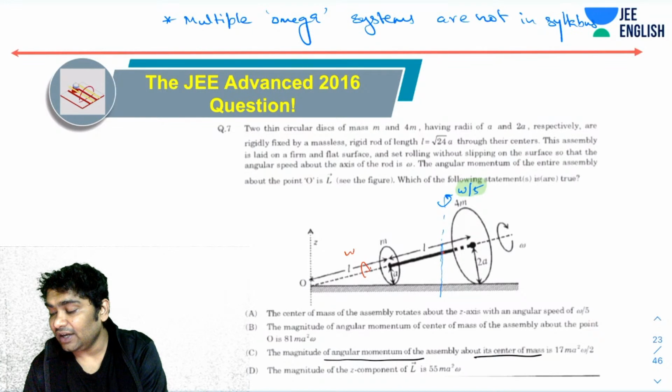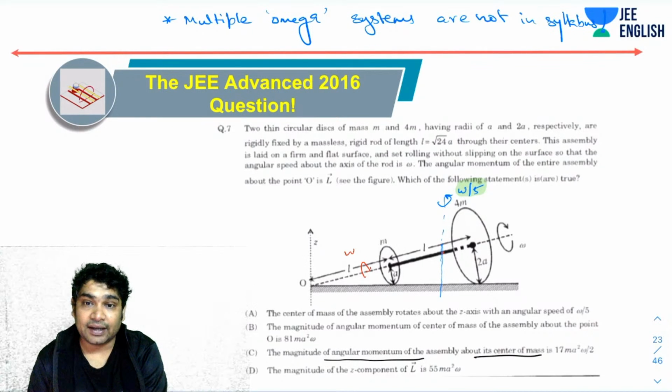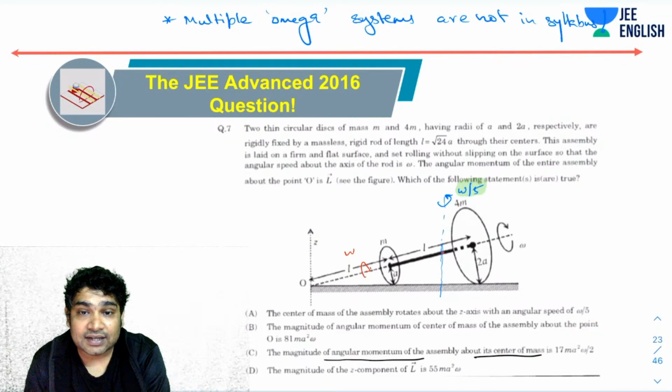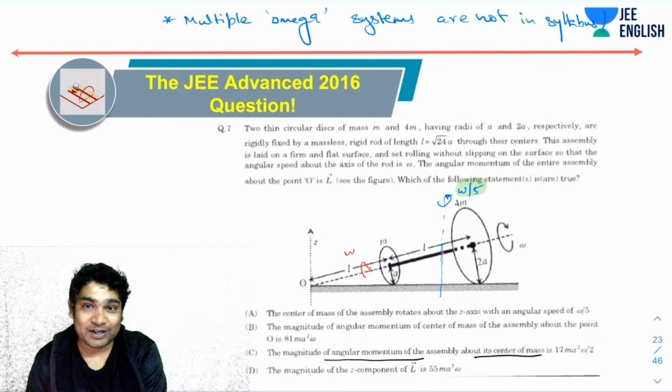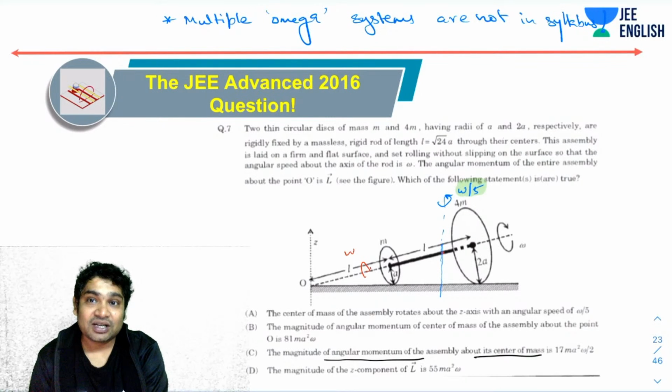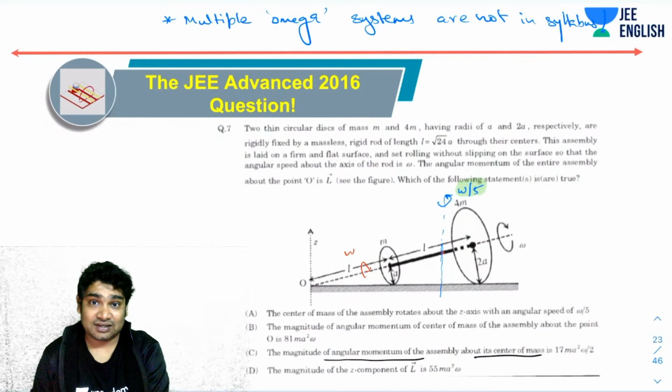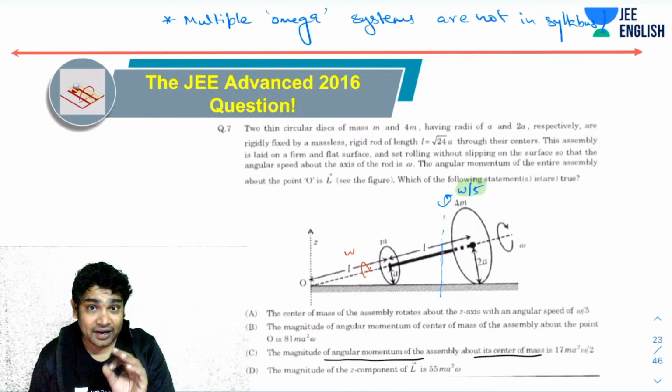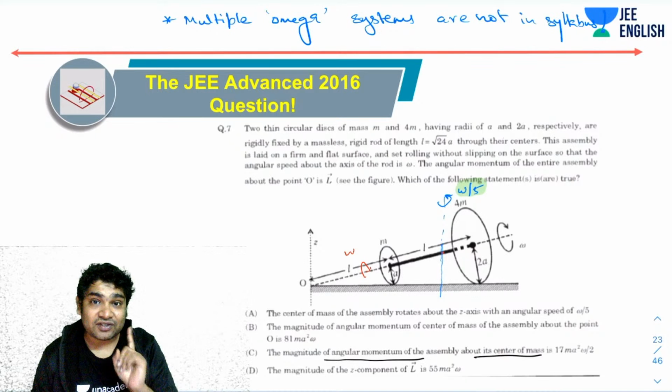So it is very unlikely that IITs will ask this again. Sir, is this kind of problem likely to come in the advanced papers? No, absolutely not. It was a flaw. They shouldn't have asked this question in the first place because this system has two omegas. In your syllabus, you only have single omega systems.